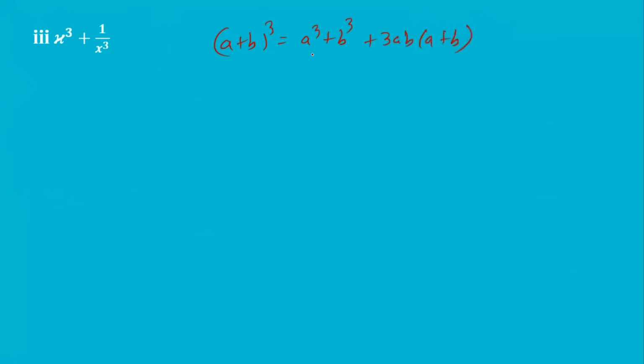So if I have to find a cube plus b cube, x cube plus 1 upon x cube is equal to x plus 1 upon x the whole cube, and if this goes over to this side, it becomes minus 3ab. Now 3ab means 3 into x into 1 upon x, which is going to be 3 again. So minus 3 in bracket x plus 1 upon x.